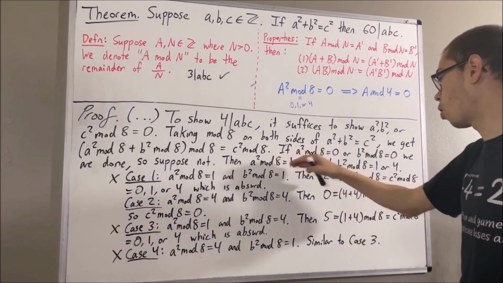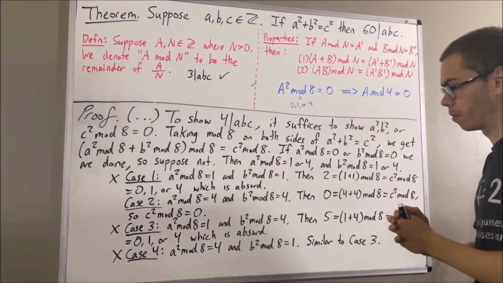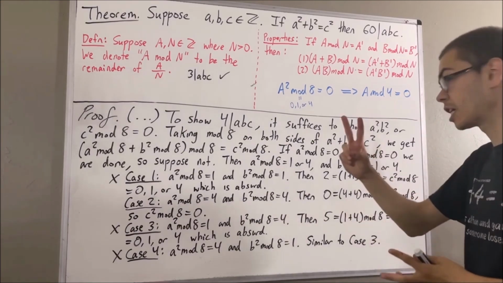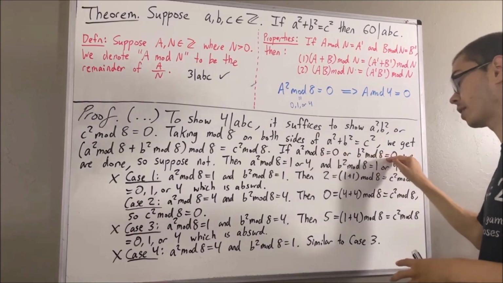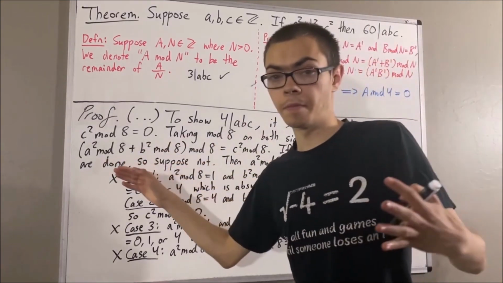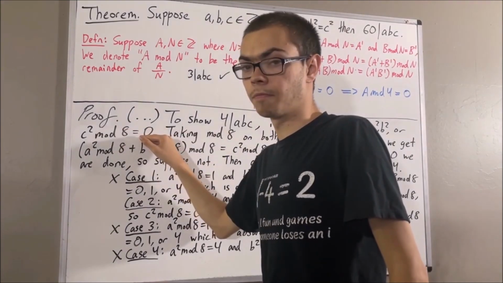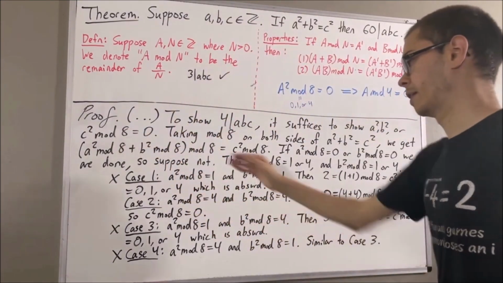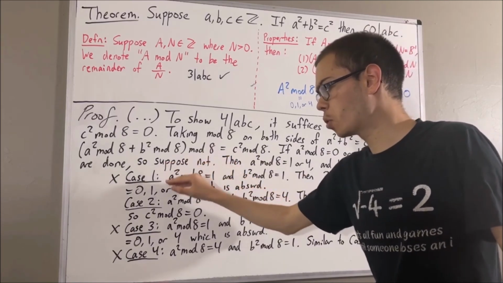So we've considered all 4 cases. And now let's put this all together. What we've done here is we noticed 2 possibilities. If a squared mod 8 equals 0 or b squared mod 8 equals 0, we are done because at least one of these guys is equal to 0. In the other possibility, that's not the case. And in that situation, we considered 4 cases.